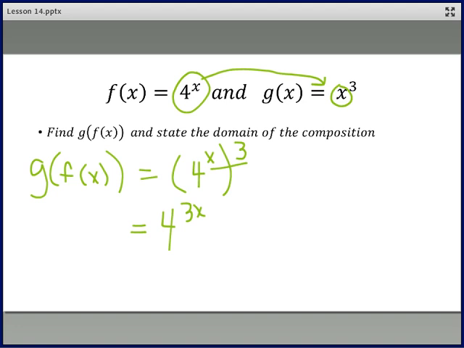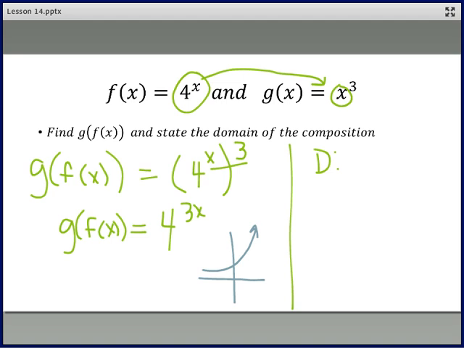And if you recall, you had a power to a power rule back in pre-algebra, algebra 1 days. It states that if you have a power raised to a power, you just multiply those exponents together. So this would be 4 to the 3x. And so that is your final g of f of x.